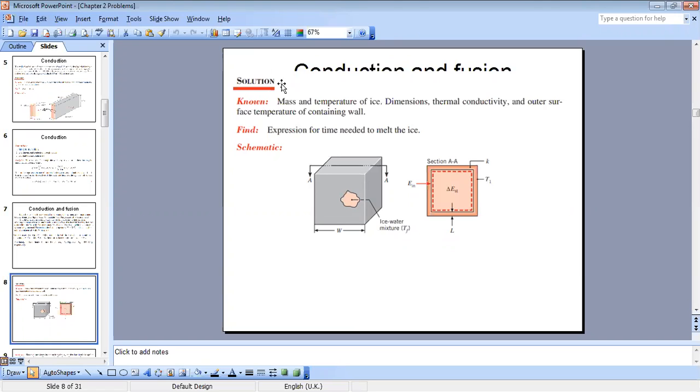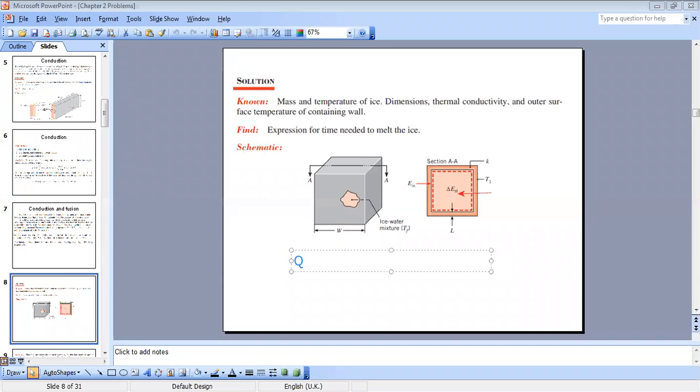So here, mainly, I am converting heat, which will go through conduction inside my cube, into latent heat that will melt the ice. Because the conduction heat is only used to melt the ice, I can say that Q conduction will be equal to Q absorbed by ice, because here we have only the ice piece, so it will absorb the heat provided by conduction.